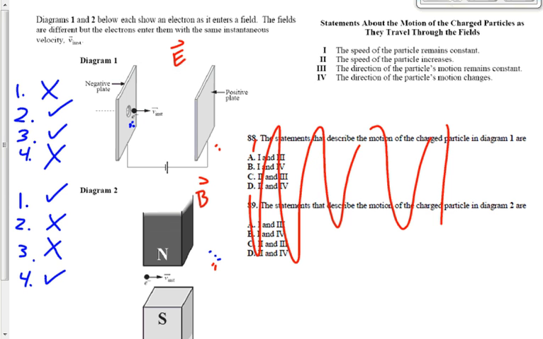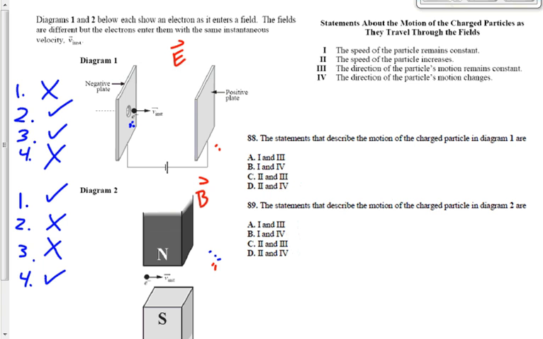So let's look at our questions now. What are we actually asked for in these 2 questions? The statements that describe the motion of the charged particle in diagram 1 are 2 and 3, C. The statements that describe the motion of the charged particle in diagram 2 would be 1 and 4, so it would be B. You guys comfortable with that?